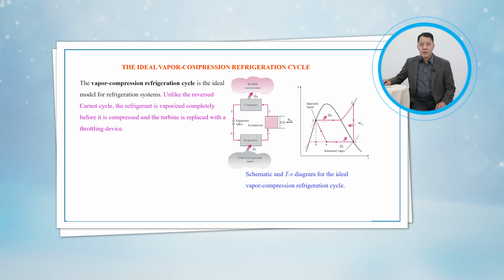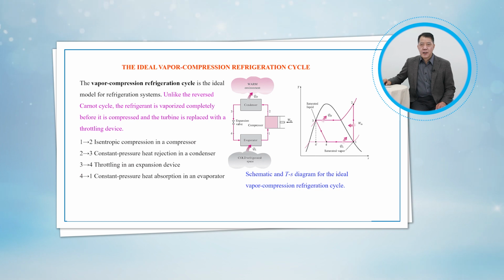The cycle that results is called the ideal vapor compression refrigeration cycle, and it is shown schematically and on a TS diagram in figures 12.10 and 12.11.